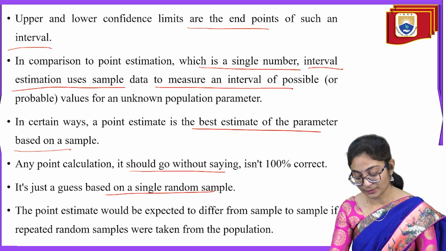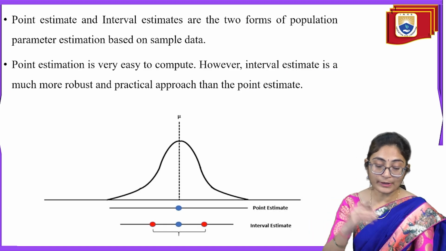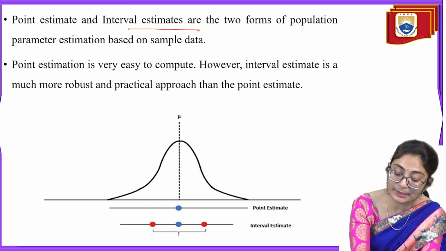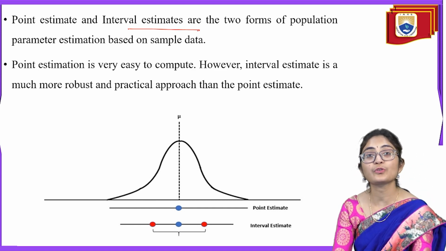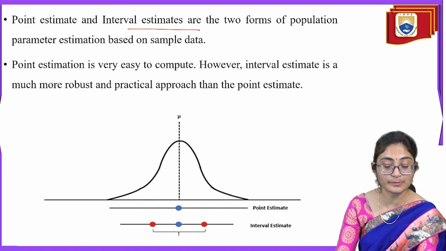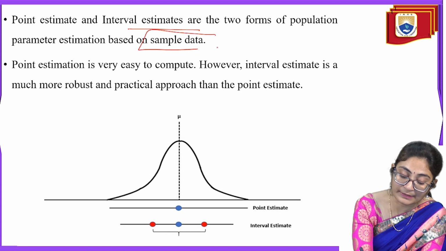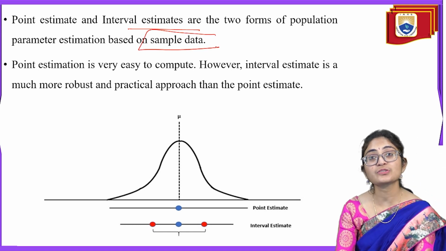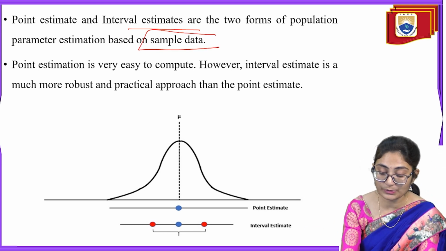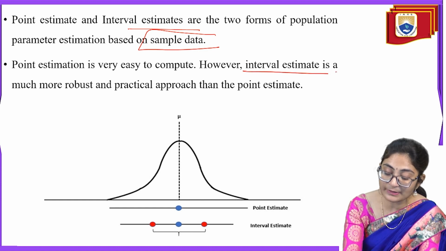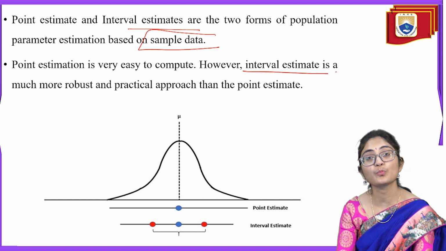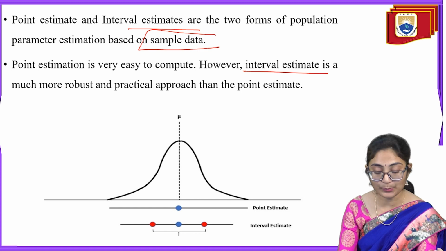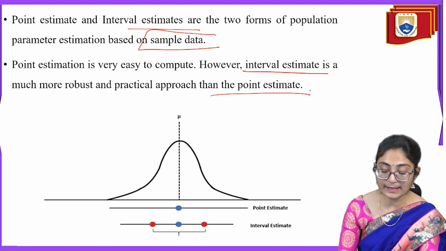from the population. So point estimates and interval estimates are the two forms of population parameter estimation based on the sample data. And the point estimate is very easy to compute. However, the interval estimate is a much more robust and practical approach than the point estimate.